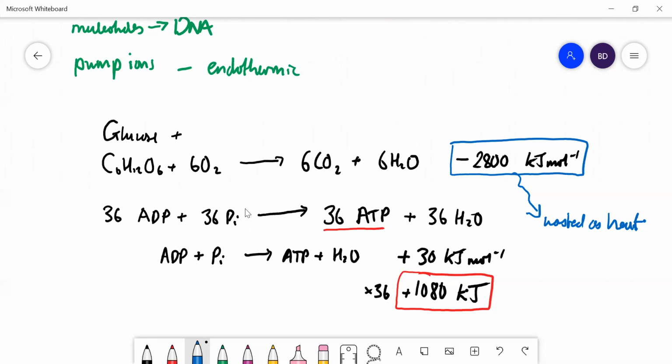The aim really of this process is to try and get as much of this energy that's released, not released as heat, but stored in the chemical energy of the ATP molecules, so that it can be used in a more useful way rather than just being wasted as heat. So that's what we mean by ATP being the chemical currency of the cell.